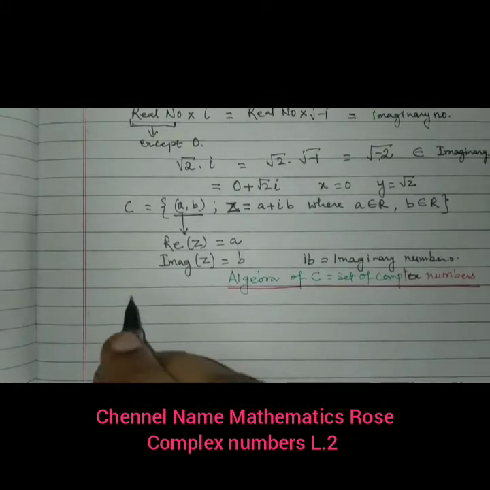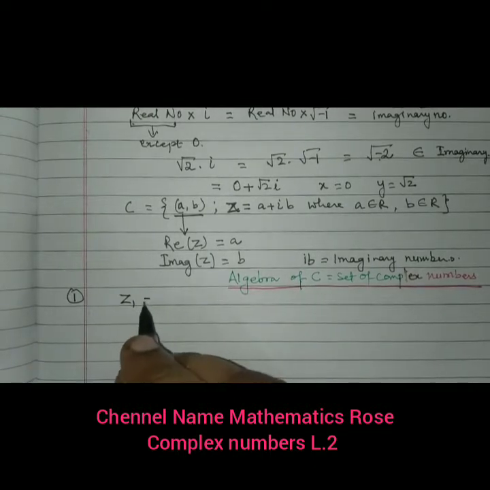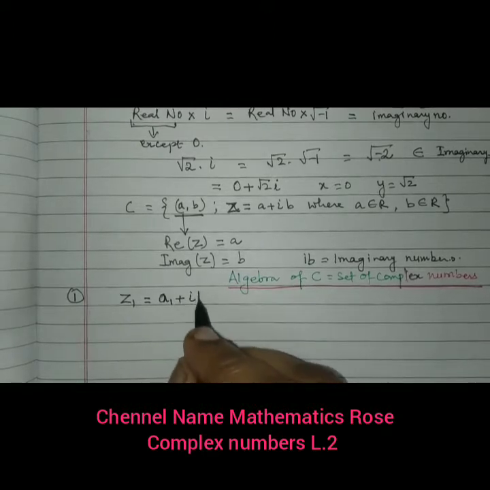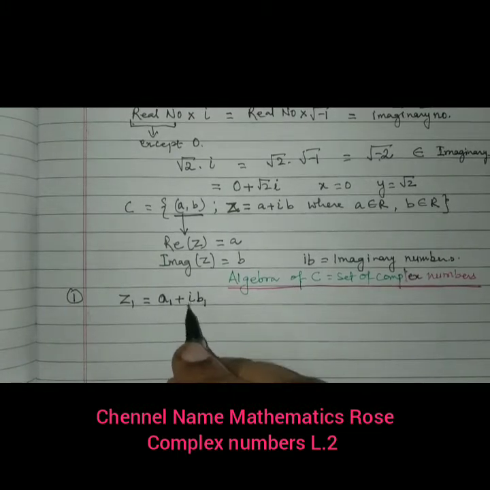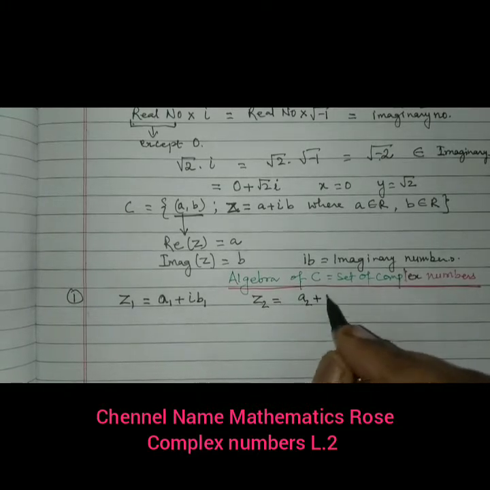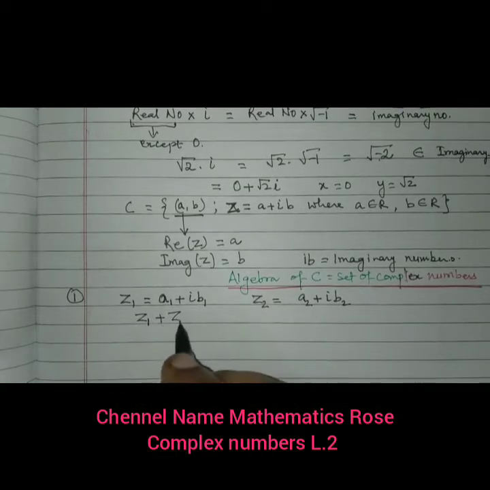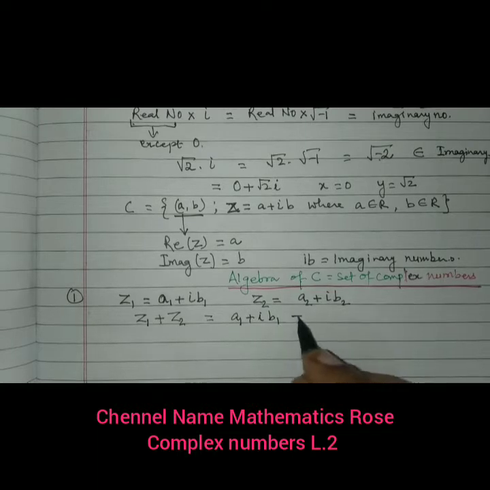So here, suppose I am taking first Z1 equal to a1 plus i b1, okay? a1 and b1 are real numbers, i is iota, and Z2 is equal to a2 plus i b2. It means we have to add Z1 plus Z2. So you add a1 plus i b1 and a2 plus i b2.